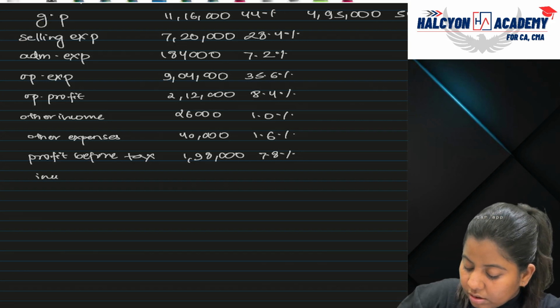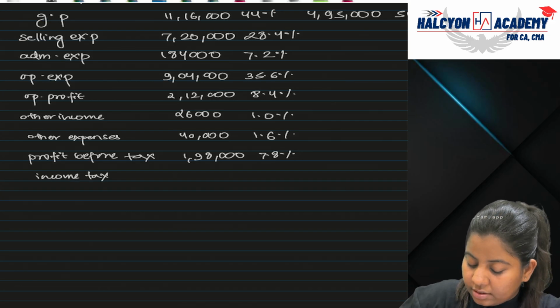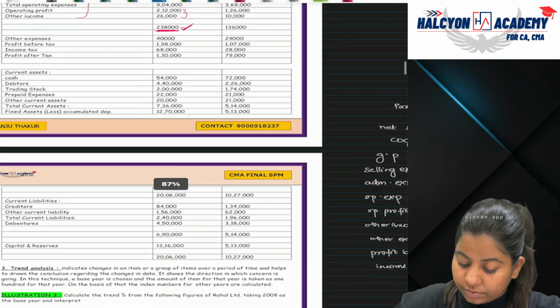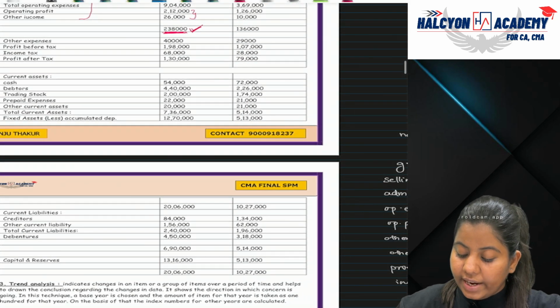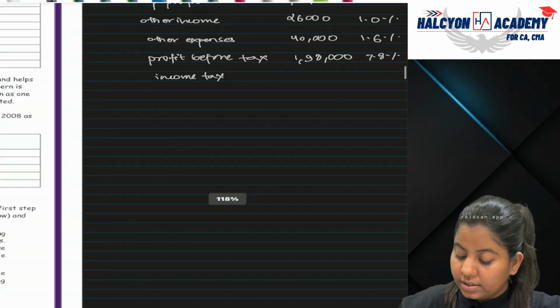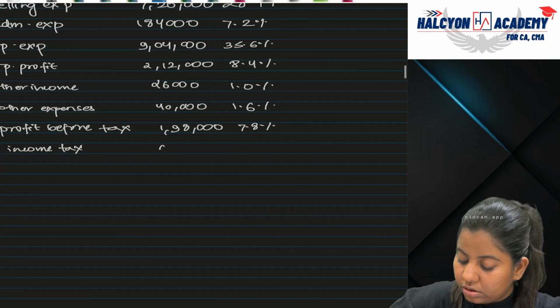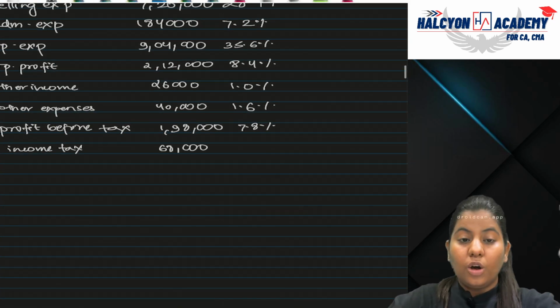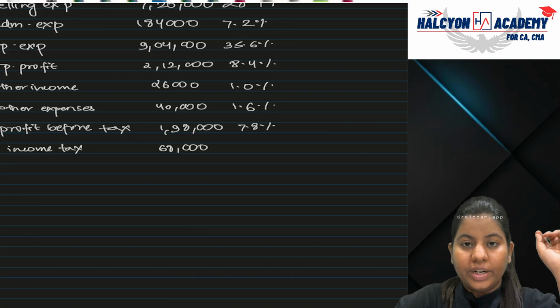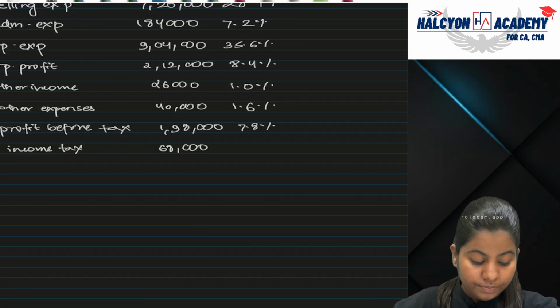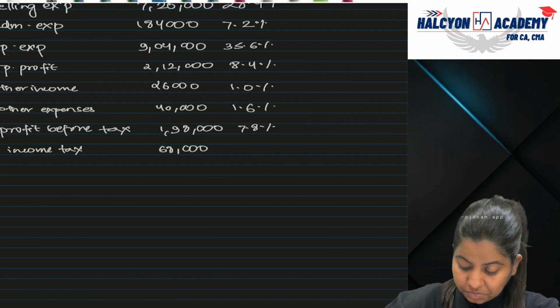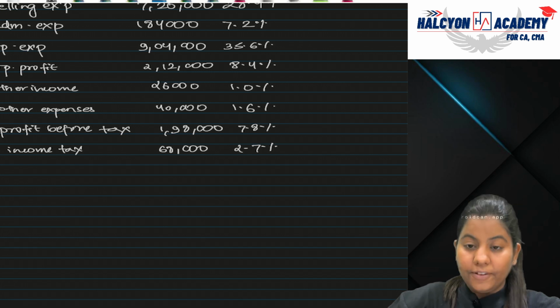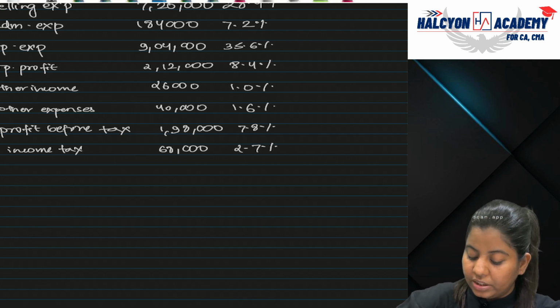Then income tax is given, 68,000. So 68,000 divided by our turnover, which is 25,38,000, will be 2.7%.